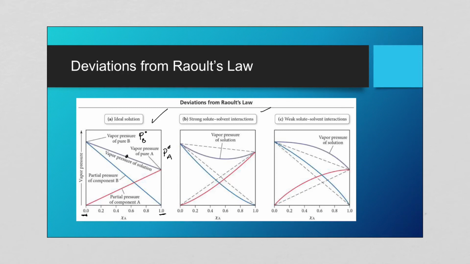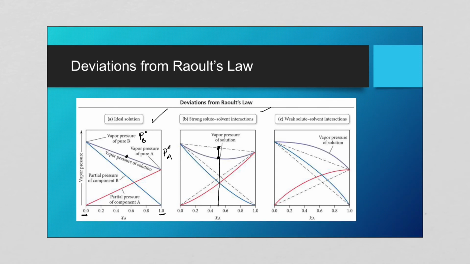The observed vapor pressure is going to be lower than what we would expect. Normally, if I had a 50-50 mixture, I would expect this vapor pressure. But because of the strong interactions, I get less evaporation, and so my actual vapor pressure is lower than what I would expect. So having strong intermolecular forces gives a reduction in vapor pressure based on what you would calculate using Raoult's law.